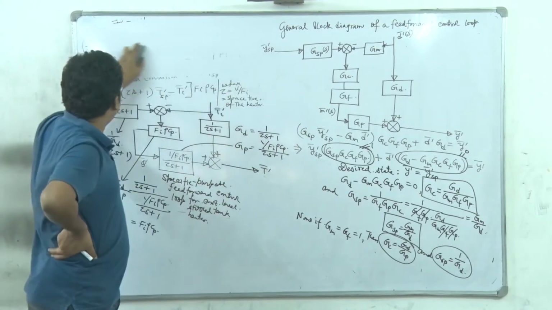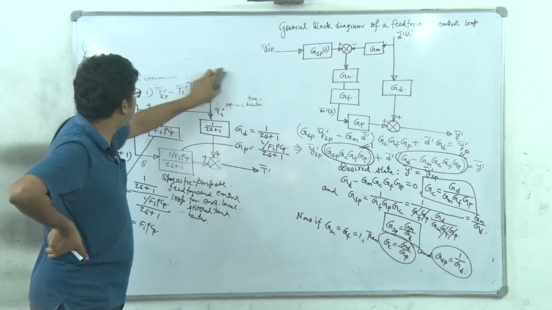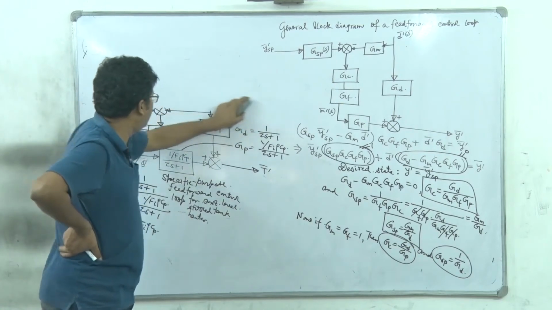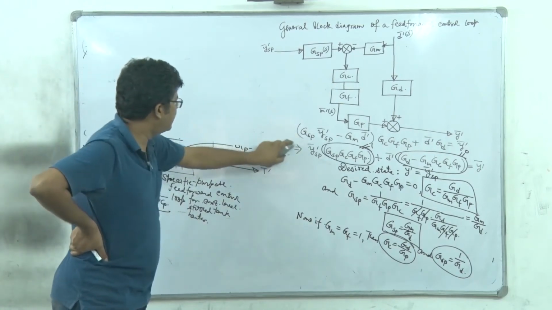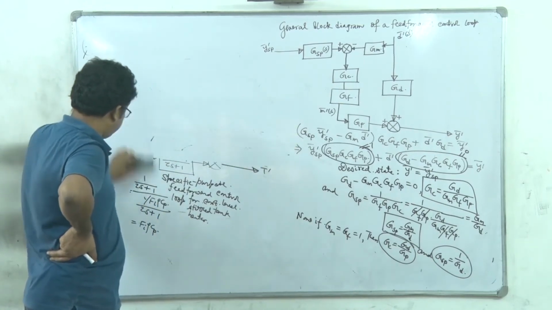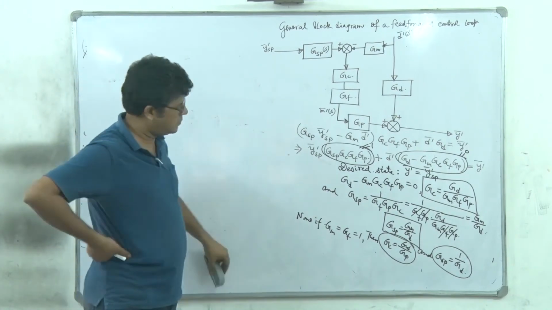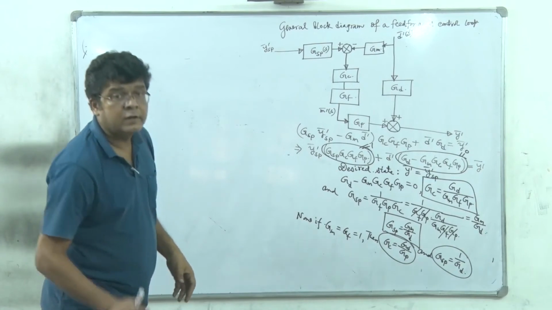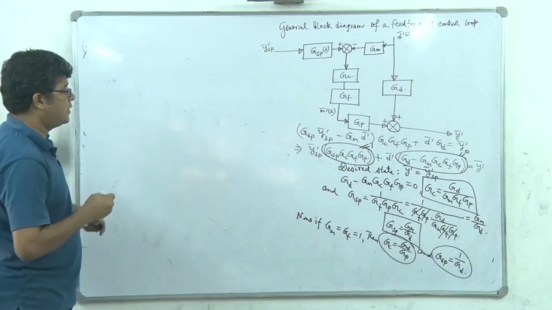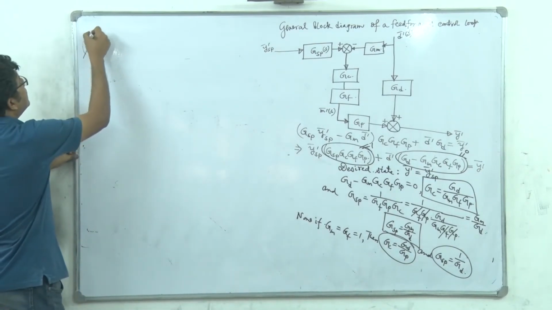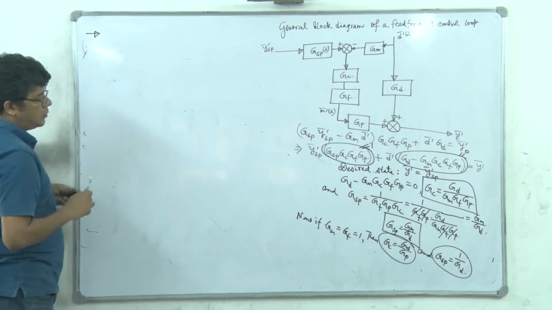Now in this relation we must draw some general inferences about the feed forward control strategy. Right. So for feed forward control, you see what we can say.